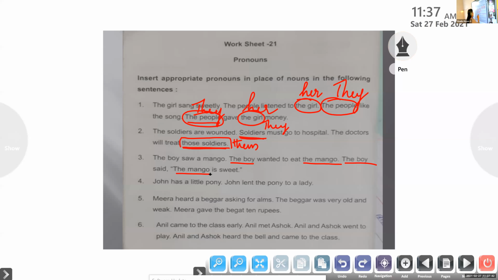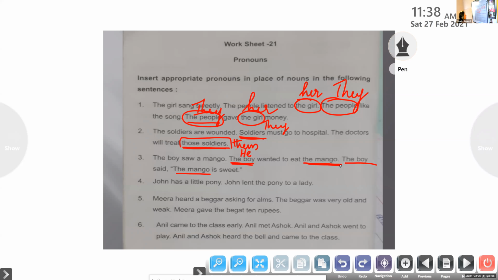So use it accordingly. So here the boy is the subject. So Stenan, what do we have to do there? For the masculine gender, which pronoun do we use? He. It is a subject here. He wanted to eat the mango. For inanimate things, what do we use?